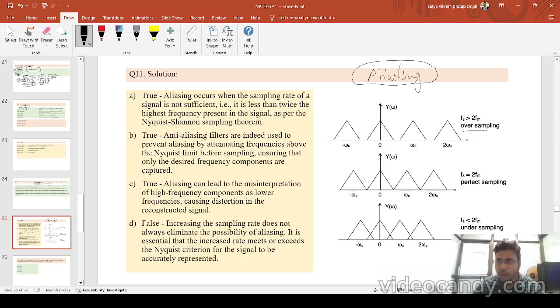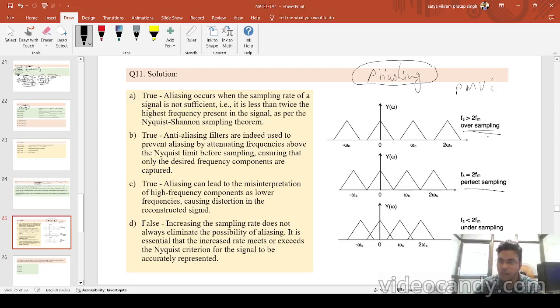There are three kinds of sampling states, which you have seen in the PMUs: oversampling, perfect sampling, or undersampling. What do you mean by oversampling?